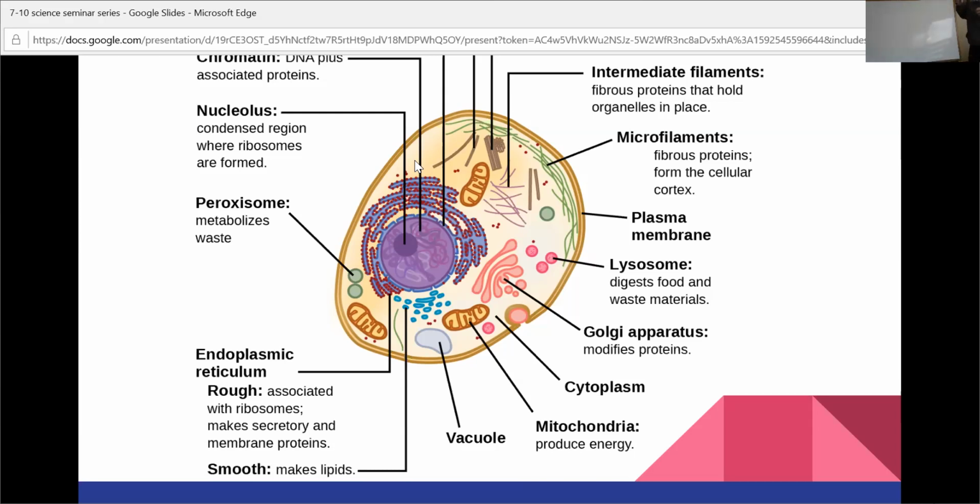So, we have the cell, right? Got the nucleus. That's a terrible drawing, but I'm totally okay with it. And they call this the cytoskeleton.